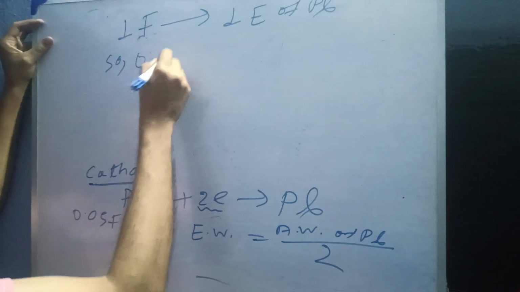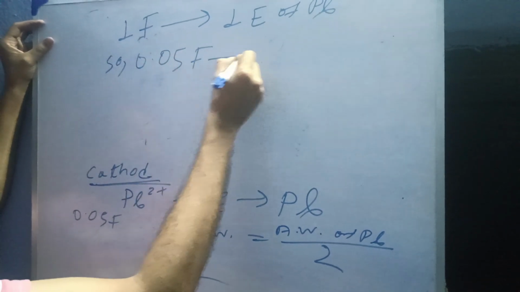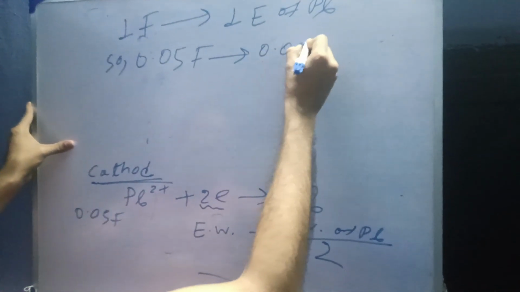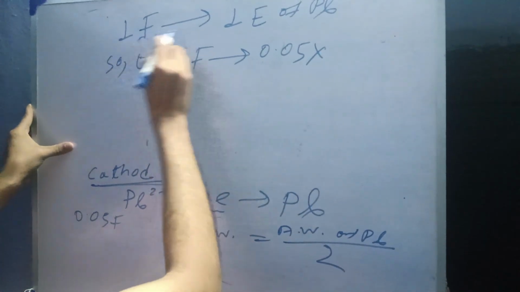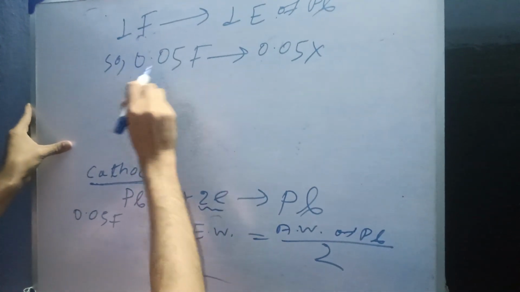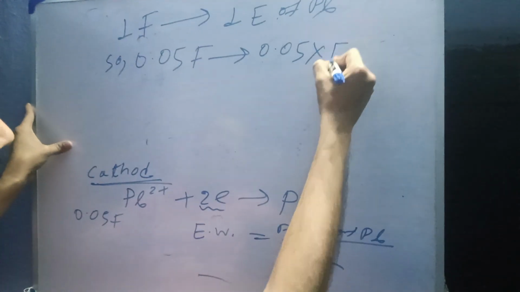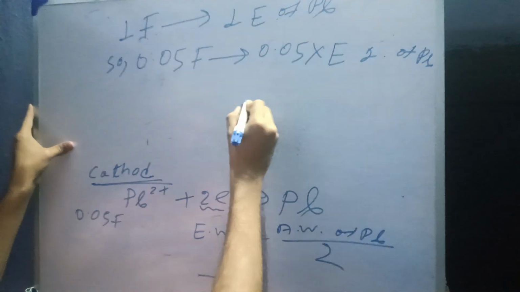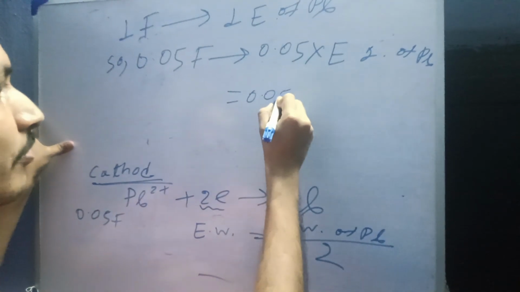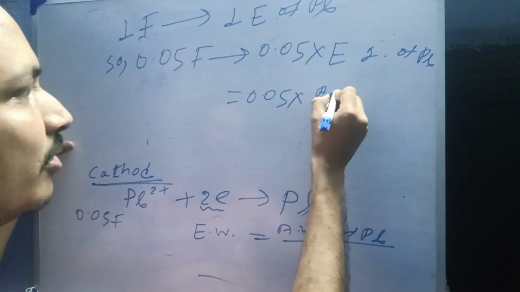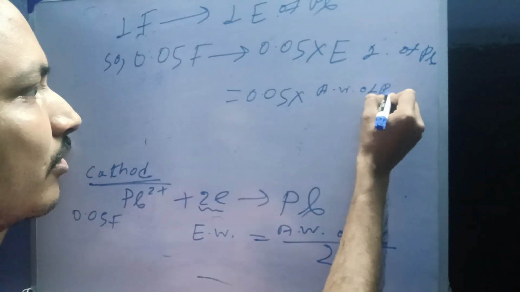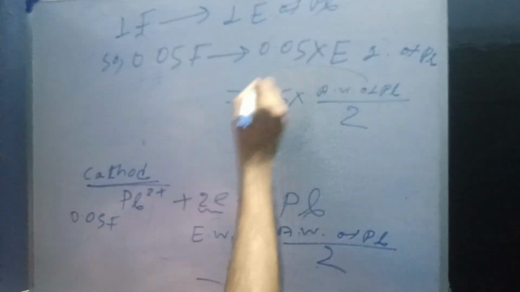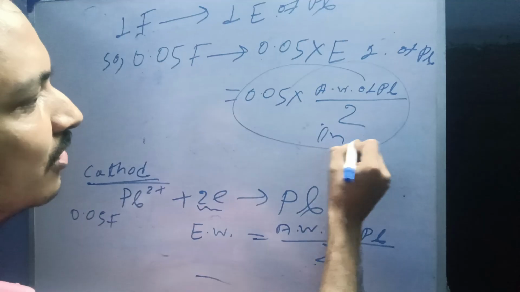Hence 0.05 Faraday of electricity will produce, by the unitary method, 1 Faraday gives E gram, so 0.05 Faraday gives 0.05 into E gram of lead, which is equal to 0.05 into atomic weight of lead by the number of electrons transferred, 2. This is the answer in gram.